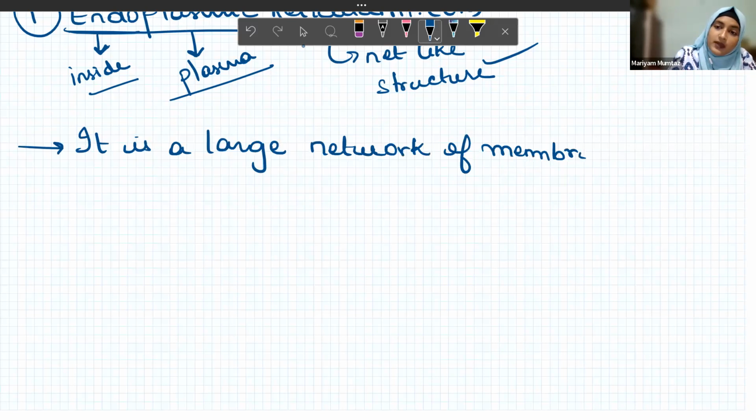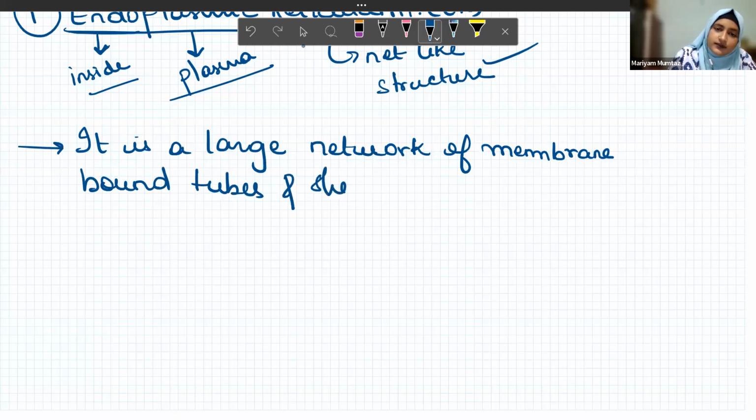Now one thing to remember is that the endoplasmic reticulum is membrane bound, right? It is membrane bound. So it is a large network of membrane bound tubes and sheets. As I said, the word reticulum refers to a net-like structure. So it is a large network of membrane bound tubes and sheets. Is this point clear to you?